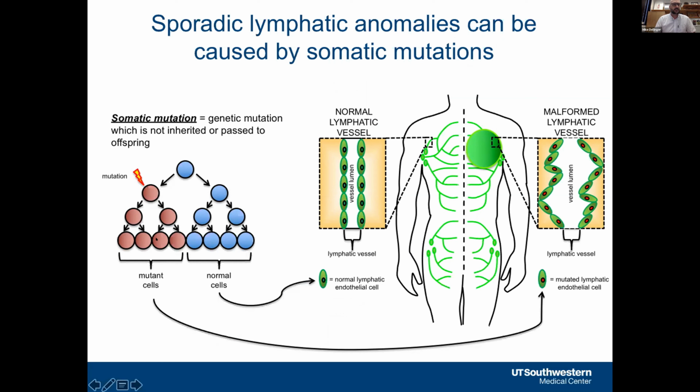Ultimately, we then have a mixture of mutant and normal cells, and these mutant lymphatic endothelial cells can form irregular or malformed vessels, whereas the normal cells can form regular appearing and regular functioning vessels. So these malformed lymphatic vessels can have altered function and ultimately result in disease.